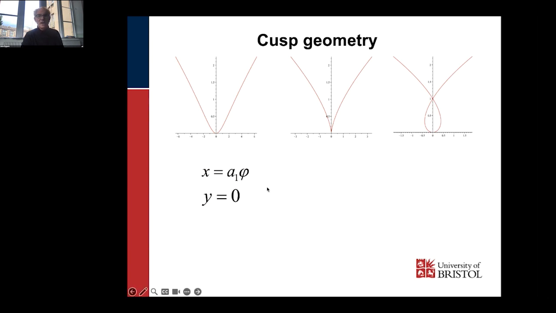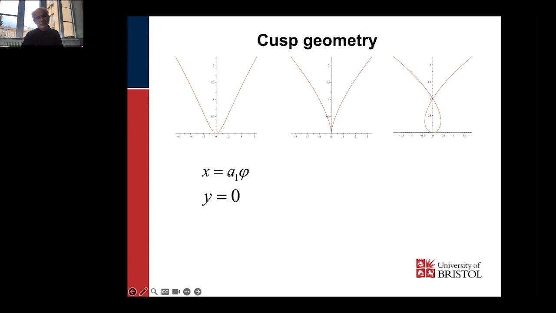It is clear that by rotating this object, I can bring it into the standard form x just being proportional to phi and y equal 0. That would be a line parallel to the x axis. And the non-invertible state would correspond to A1 being 0.